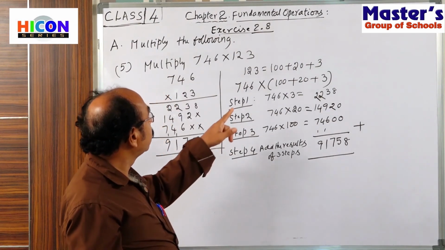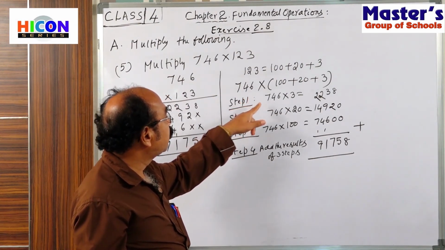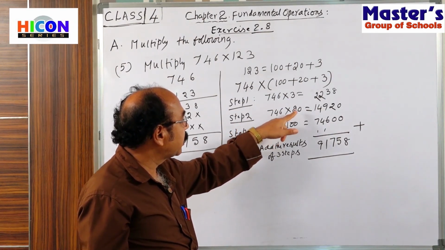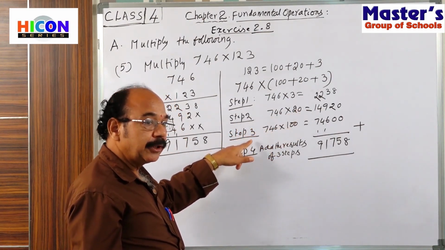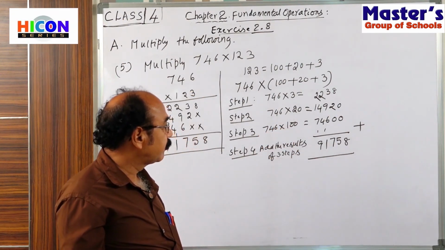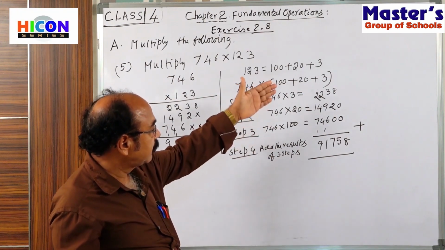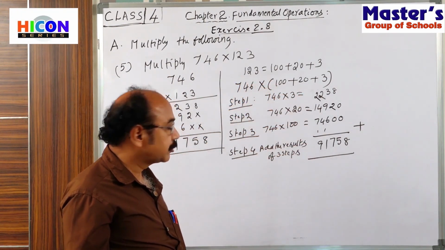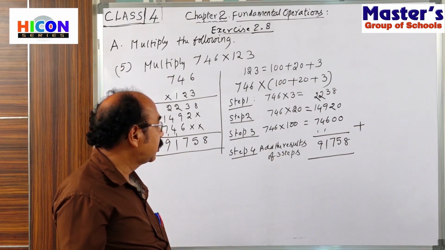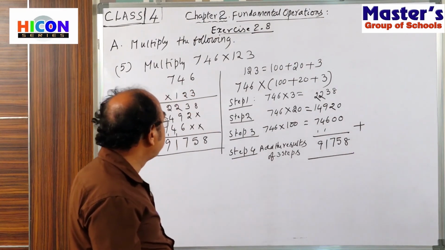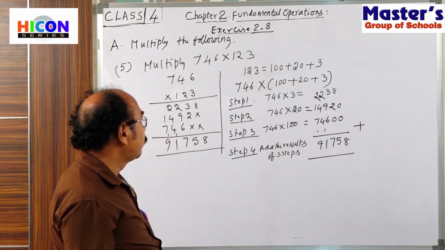So in step 1, 746 is multiplied with 3. In step 2, 746 is multiplied with 20. In step 3, 746 is multiplied with 100. After that, the 3 results are added. How much did you get? 91,758. Okay, children.